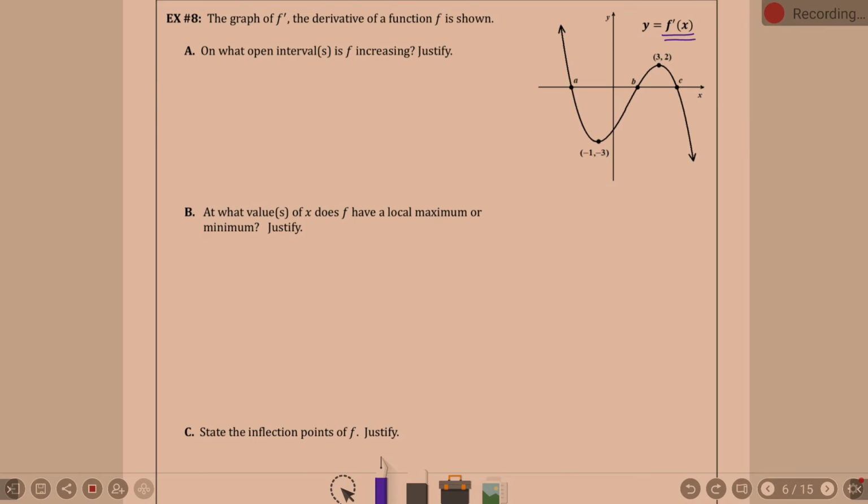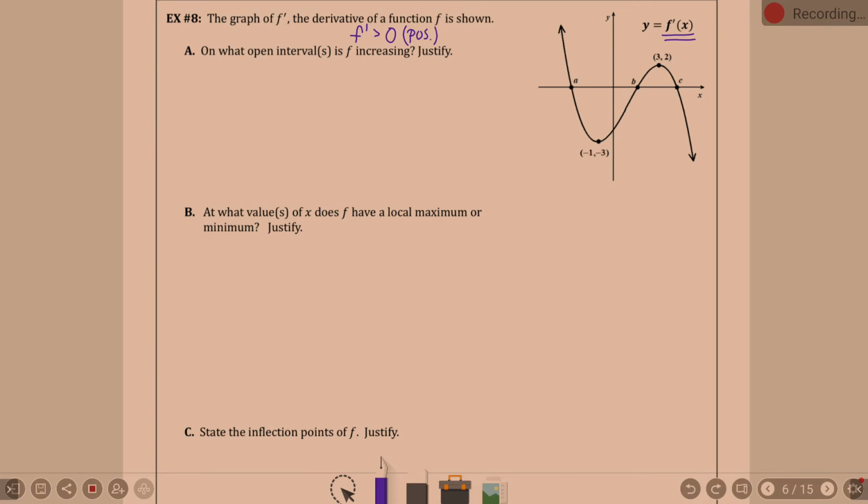When the first derivative is greater than 0, aka positive, yes? This is what my brain has to go through, so I'm assuming your brains will need some of this too. So, where is that on this graph? Negative infinity to A, then B to C.